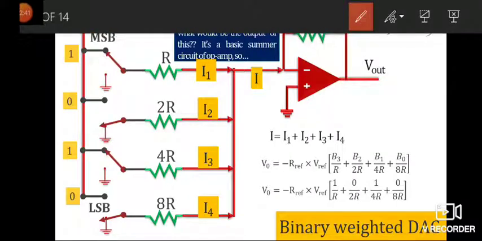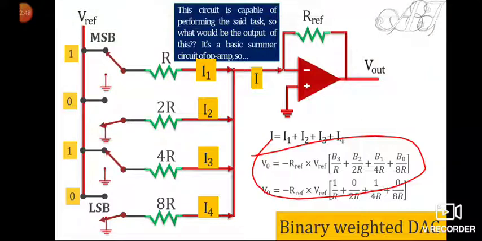So you don't have to do much calculation or worry about anything else. All you have to do is put these values. See what we have got: 1 0 1 0, and 1 is your MSB and 0 is your LSB. So I have placed those values according to that in this formula, and we'll solve.